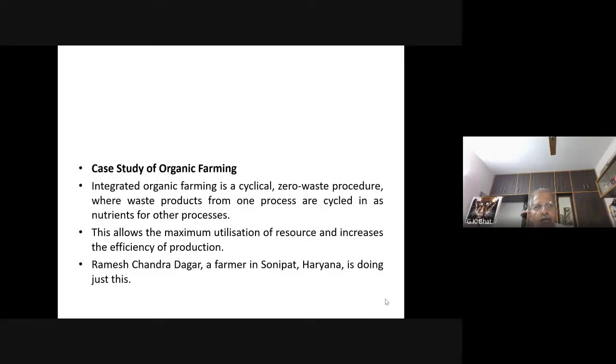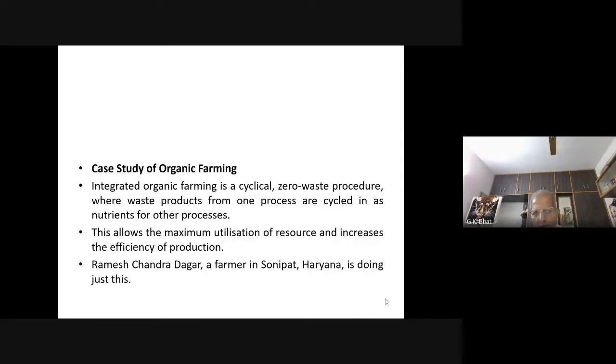Integrated organic farming is one where a farmer cultivates different types of crops. Whenever he goes for one crop, he gets the yield from that crop. After getting the yield, there will be a lot of crop residues.